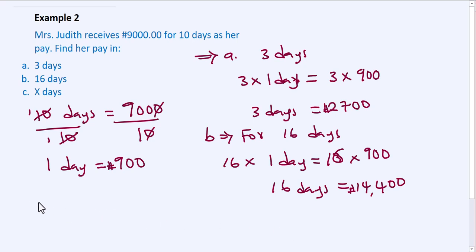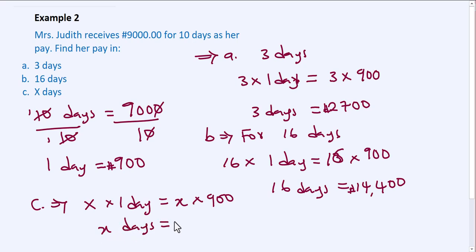Okay. Finally, we have C. So let's do C here. They said X days. So just simply say X multiplied by 1 day is equal to X multiplied by 900. So X days is equal to 900x.